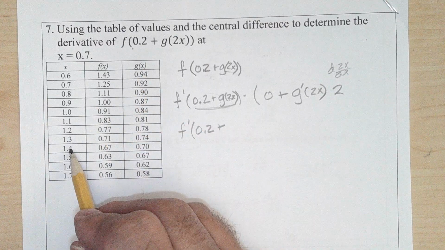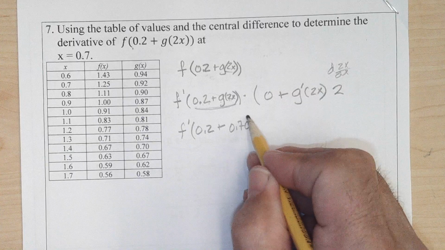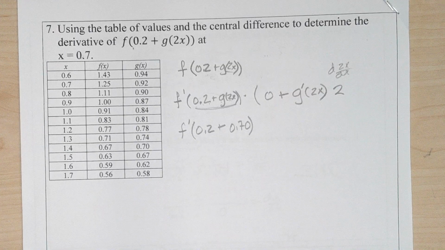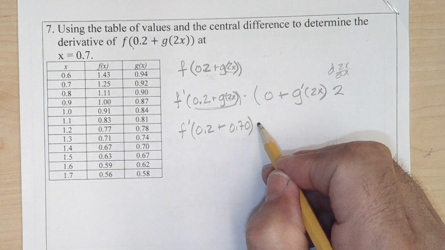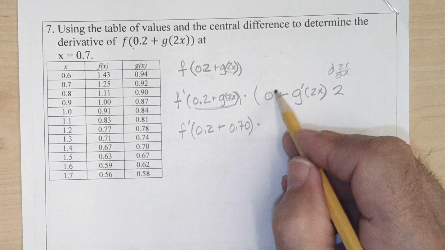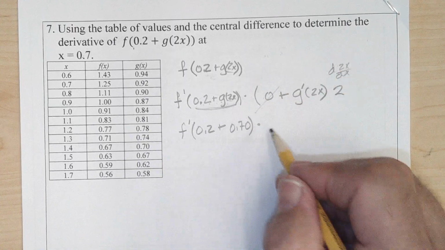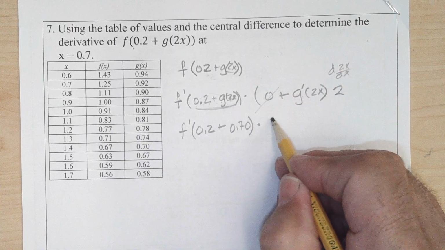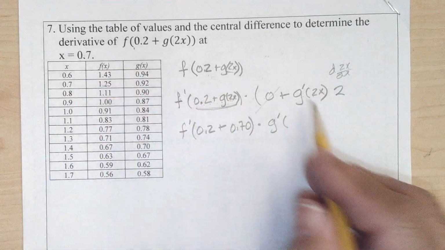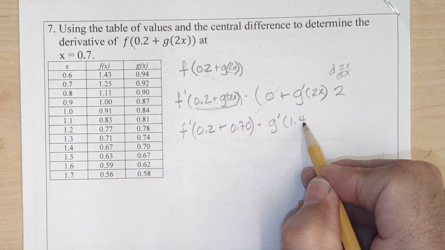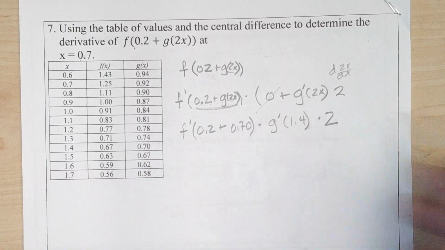G of 1.4 is 0.7. And then we're taking that times, well, this times 0 is nothing, and this times this. This is the slope of g at 2 times x, which is 1.4. And then we're taking all this answer times 2.